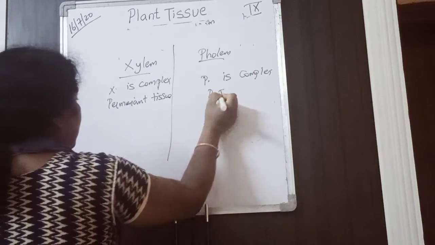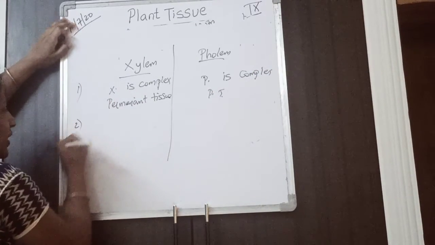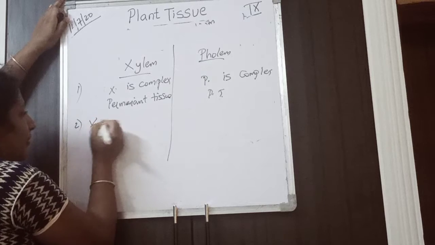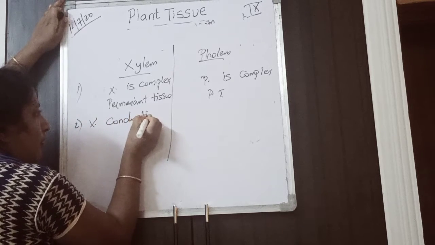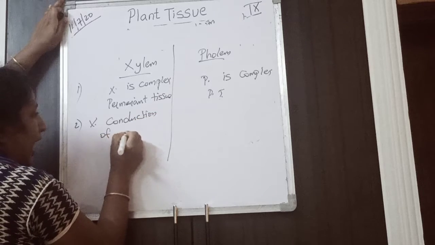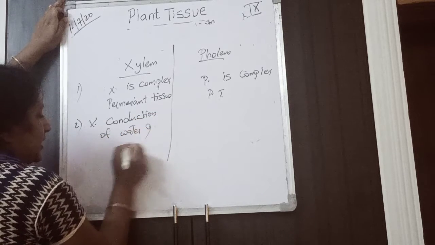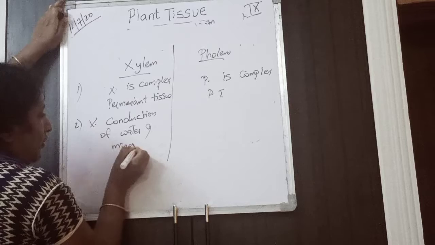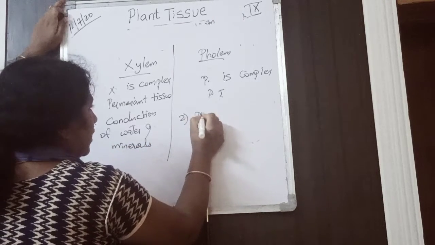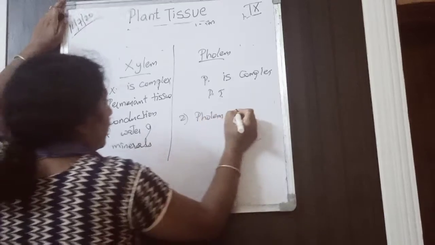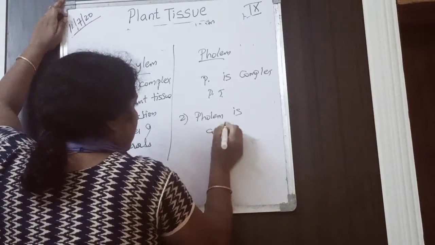Next, xylem's main function is conduction of water and minerals. Phloem's main function is conduction of food.